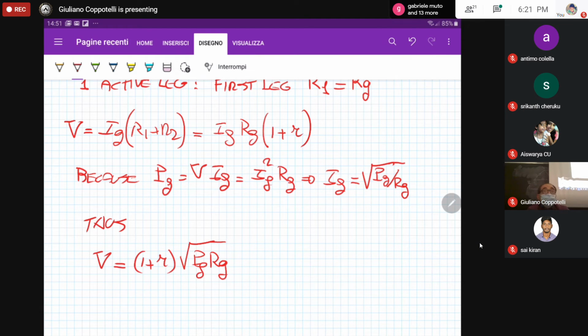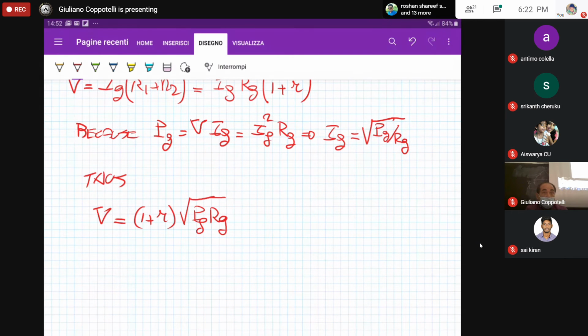Again, this is telling me that if your measuring device is characterized by a maximum power that could be dissipated, equal to Pg, your input tension could not exceed this value, because otherwise your circuit could melt. There is too much heat over there, and therefore something will happen that is not good for your mission.